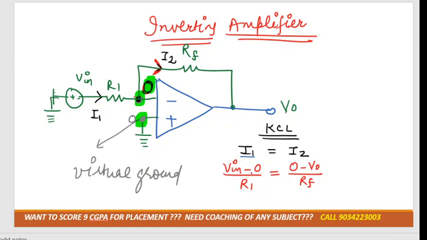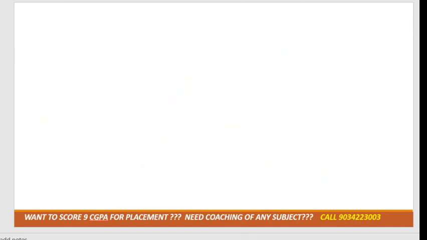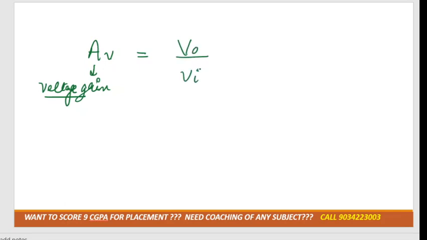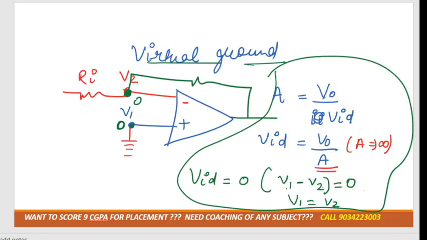Right? So I just want to calculate the voltage gain. Can I write this equation as V in by R1 is equal to minus V naught by RF? Now, the voltage gain is represented by AV, where A is for gain, and the voltage gain is the output voltage divided by the input voltage, right?